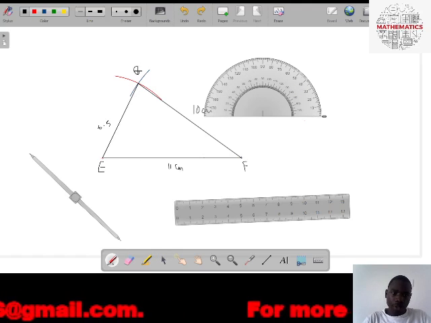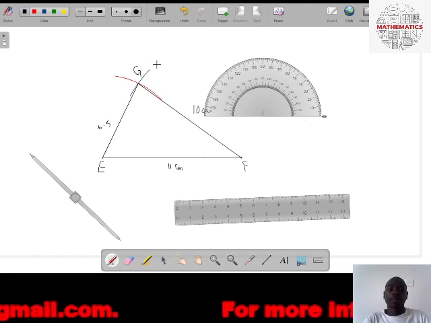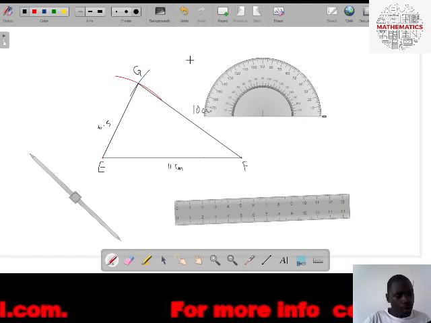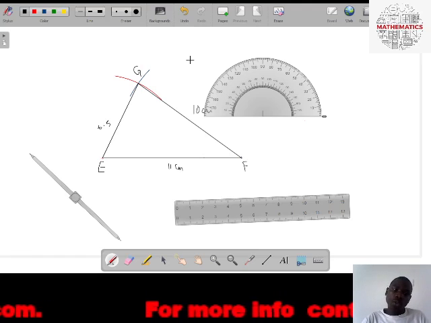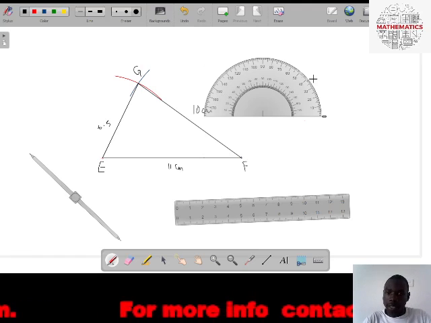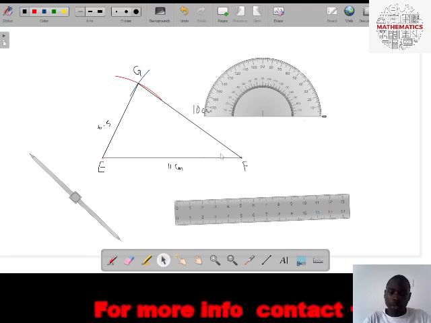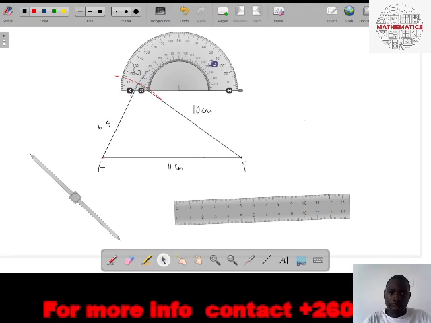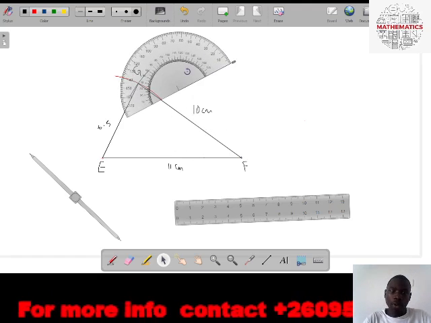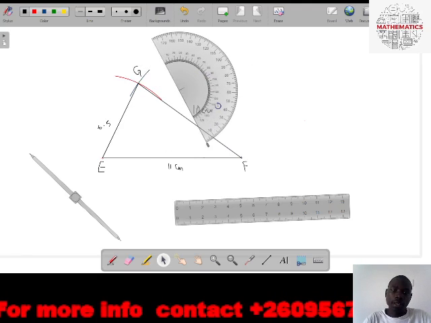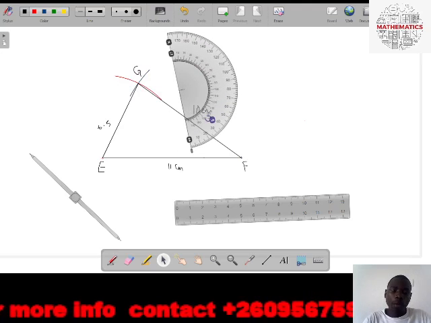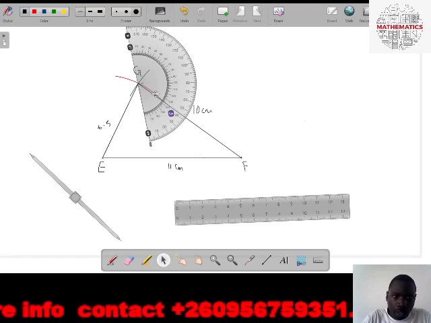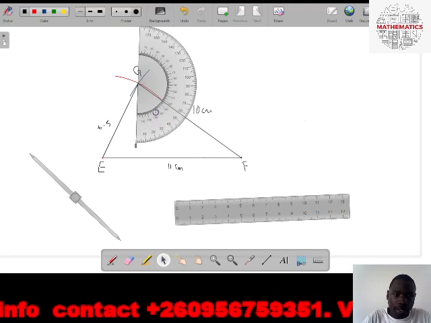This one is G, not C. So we need to find the angle G. We measure it using this instrument called a protractor. We can turn it either this side or this side. Since we are moving clockwise, we have that point, and then we just turn it around.